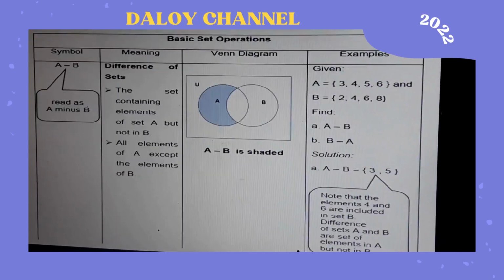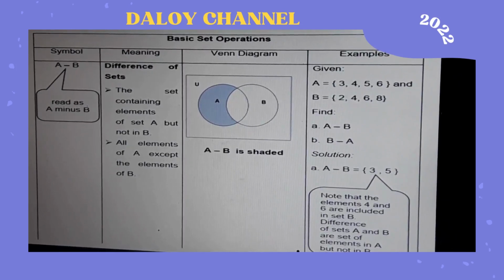We continue to the next. A minus B, meaning we are talking about the difference of sets. The set containing elements in set A but not in set B is the difference of sets.